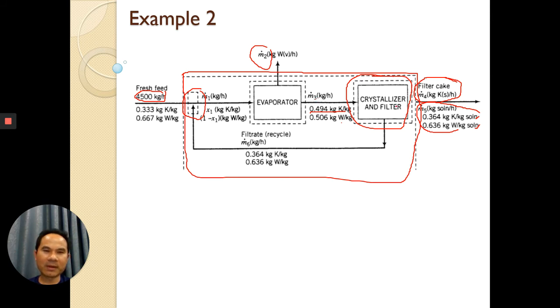If you balance the mixer, you can solve for M1 and X1 because you know M6 already. Or you can balance around the evaporator: you know M3 already, so you can solve for M1, X1. That's it. The first step is the overall balance, the second step is the balance around the crystallizer, and the last step you can balance around the mixing or evaporator.